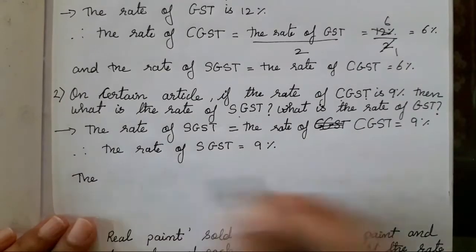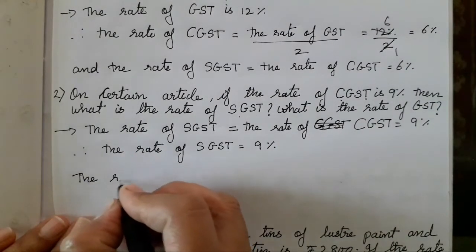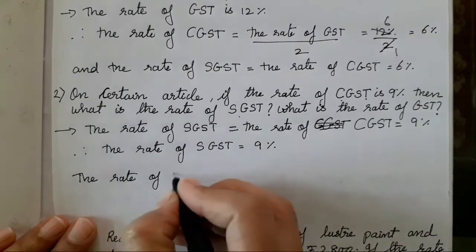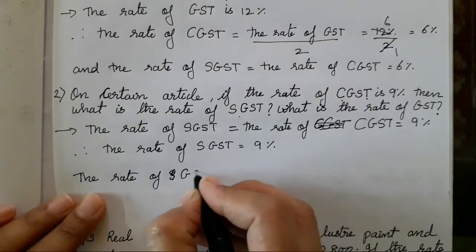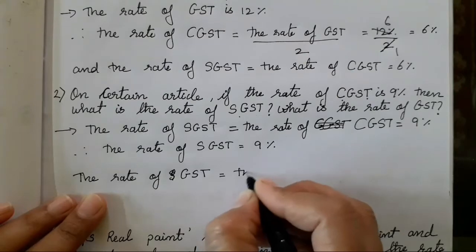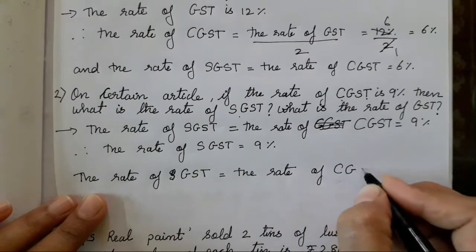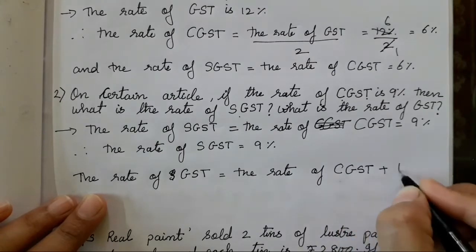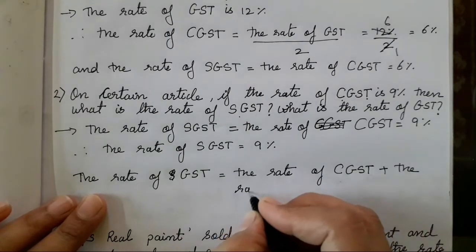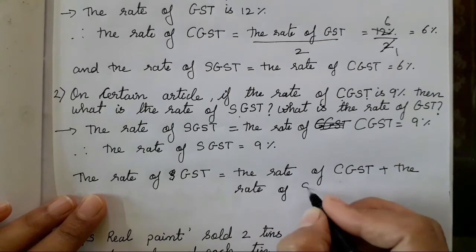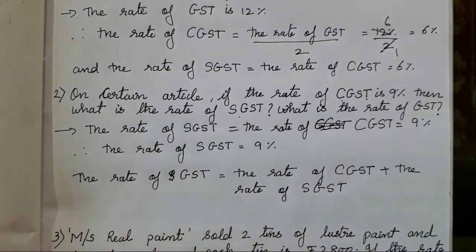Now we have to find GST, that is, the rate of GST is equal to the rate of CGST plus the rate of SGST. Got it, children?